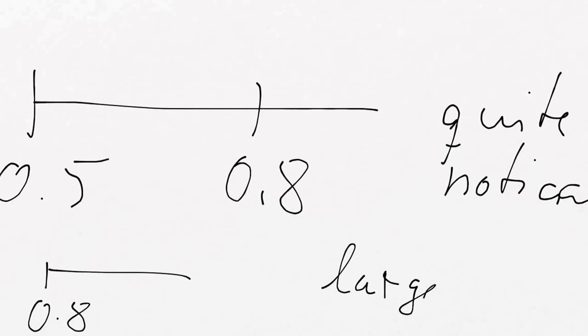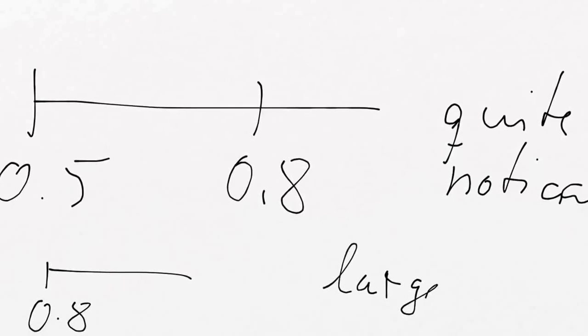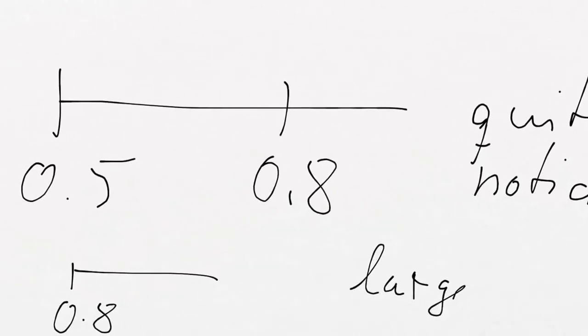When you work for a pharma company or something like that, they always go for a D larger than 0.8 because they want to develop drugs that really do it. Yeah?